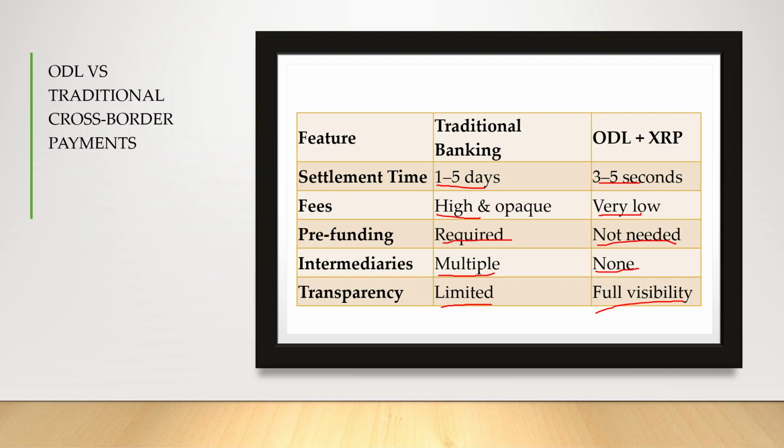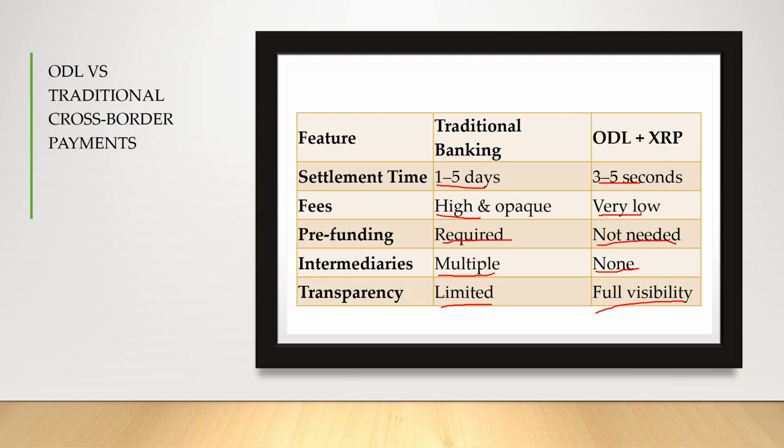So when we think about it, using on-demand liquidity using XRP, it turns XRP into a real-time global liquidity engine. We'll be able to move money, large amounts of money, fast at a low cost.